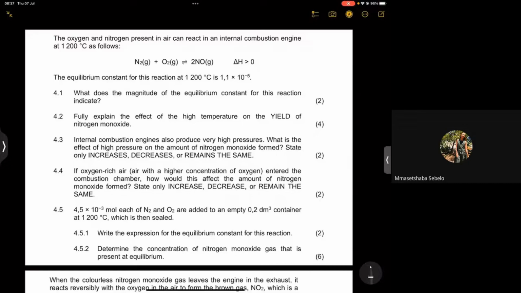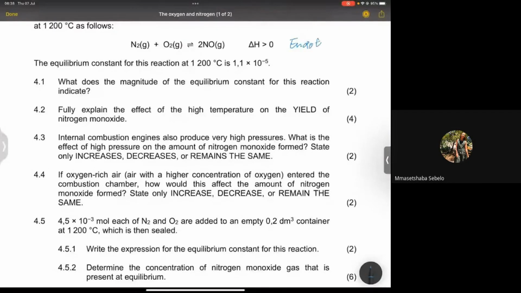So what this means is that this is an endothermic reaction. Okay, so delta H greater than 0 means it's an endothermic reaction.